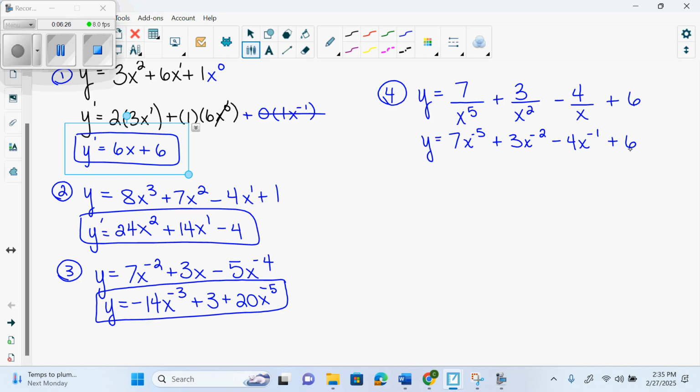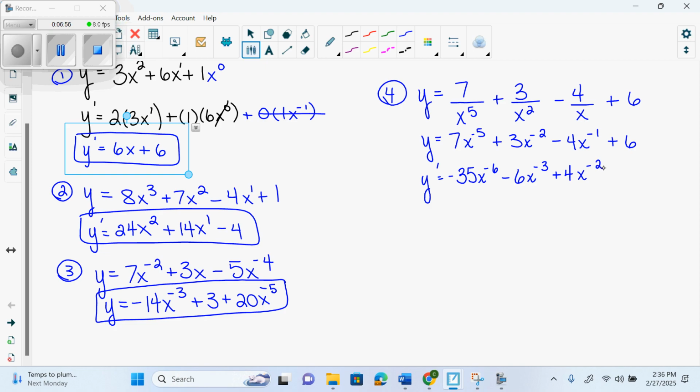Can I now do power rule? Yes. So I get y prime equals negative 5 times 7, negative 35x to the negative 6, negative 2 times 3, negative 6, x to the negative 3, negative 1 and negative 4 is 4, x to the negative 2.